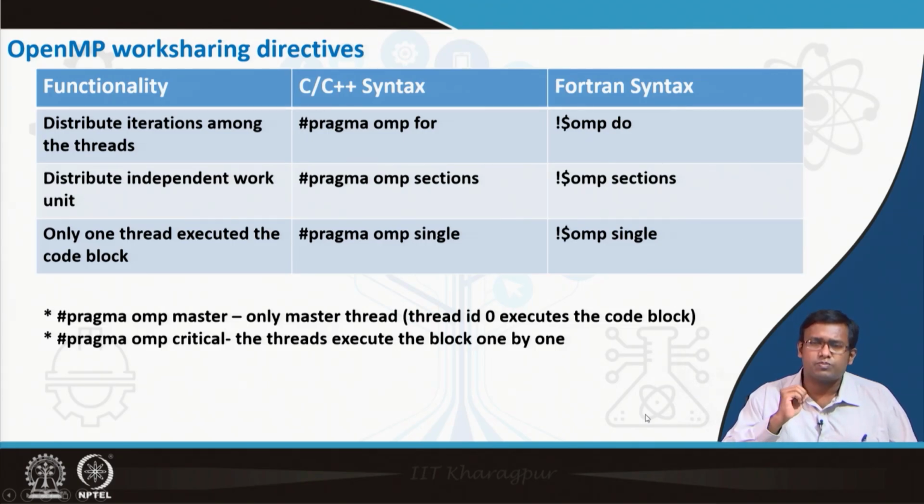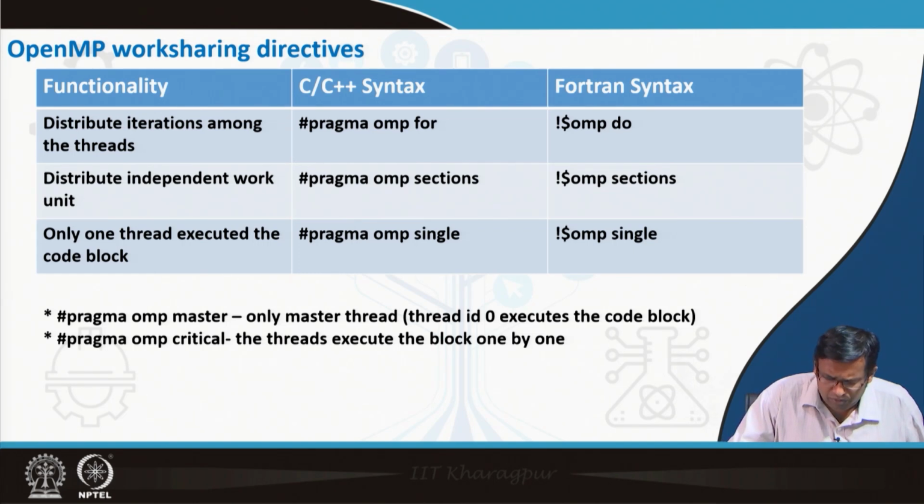This is done in particular when you have a single shared memory variable and multiple threads try to update that variable. So, you put OMP critical, which means one by one the threads can update the variable, so that there is no contention, no race condition, no overwriting of the shared memory, etc. This is also one important work sharing directive.